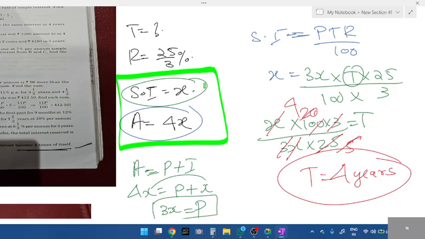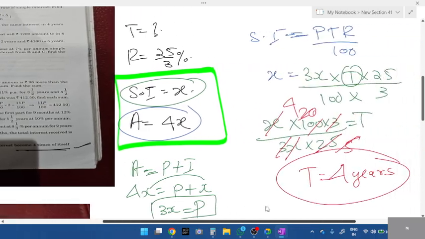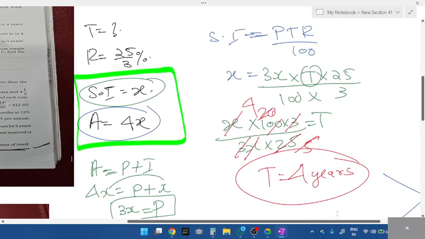Check the answer. Is it 4 years? Check the answer once. 21st question. Principal is 100. 400. 100 becomes 4 times. 21st question.